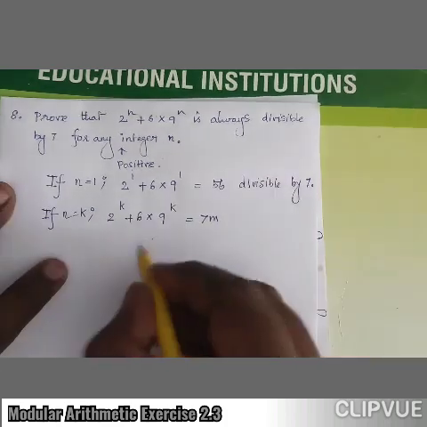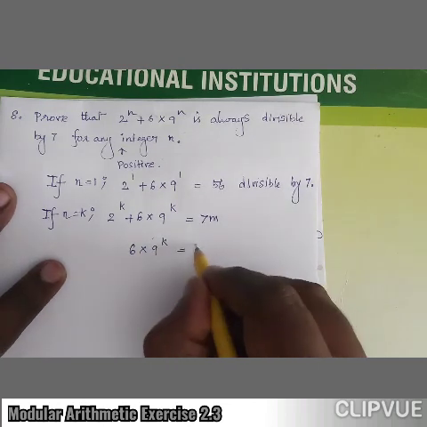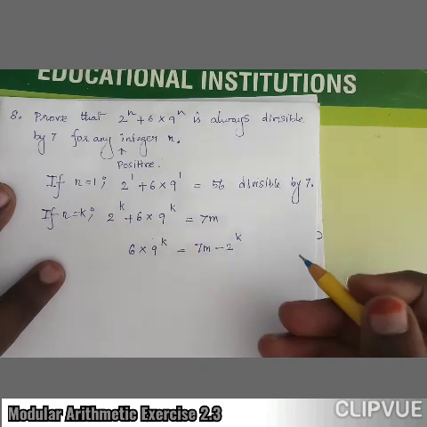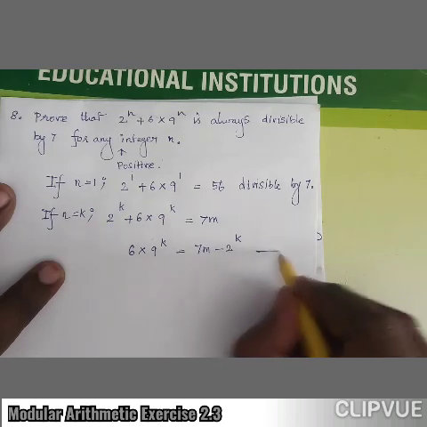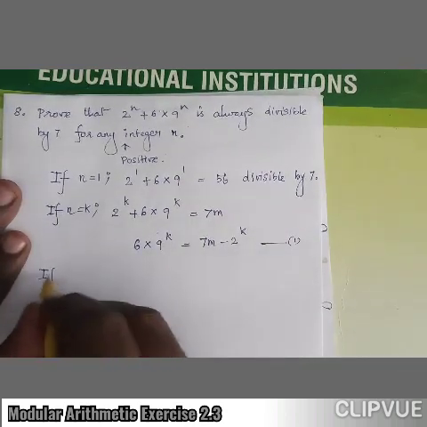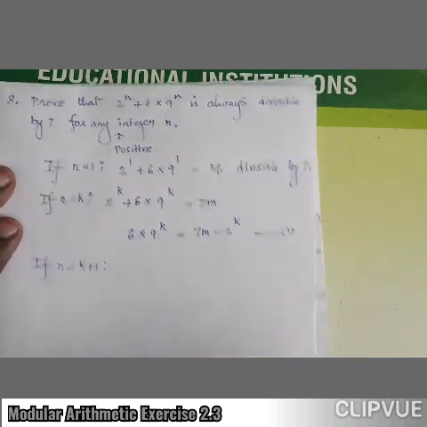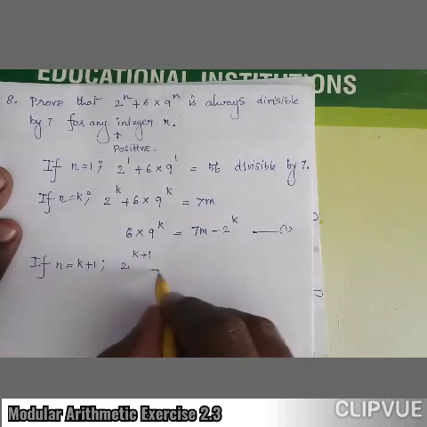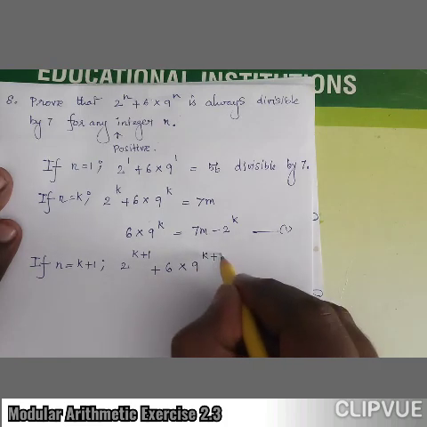Now I am going to take 6 into 9 power k, which is equal to 7m minus 2 power k. This plus 2 power k becomes minus 2 power k, as equation 1. If n is equal to k plus 1, then 2 power k plus 1 plus 6 into 9 power k plus 1.